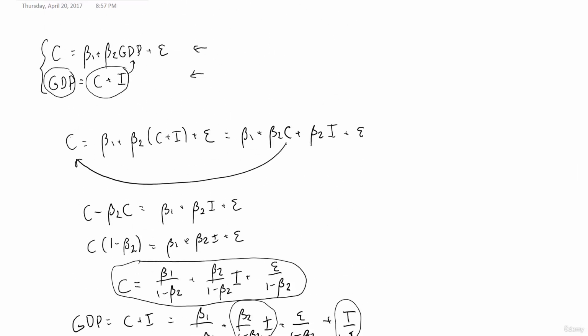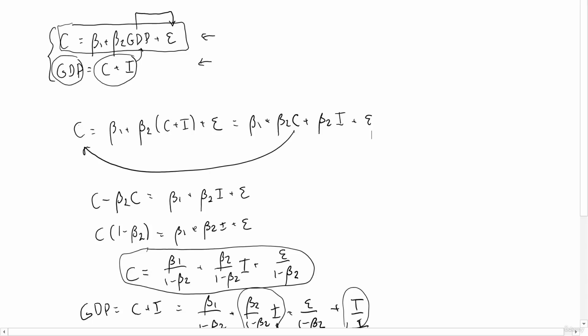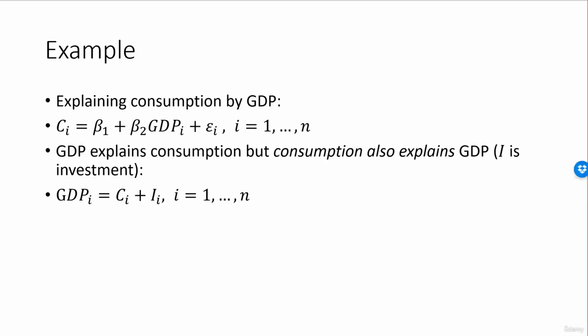And that in turn means that we go back to our single consumption function here in the structural form. These two variables are correlated. GDP is endogenous, and running this regression explaining consumption with GDP will give you biased and inconsistent estimates.